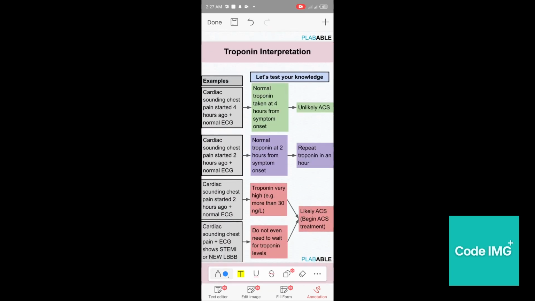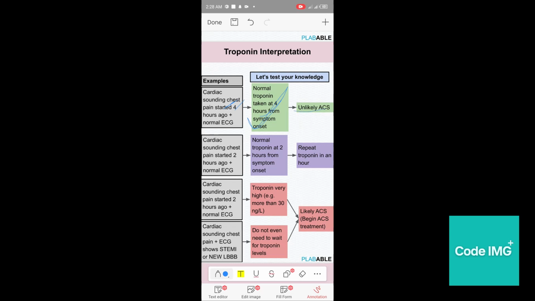Now, it's a cardiac pain that started 4 hours ago and normal troponin. What are you going to do? If the ECG is normal, fine. If the ECG is having changes, you need to go for the trop. Again, the ECG is fine, it's having chest pain, but after 4 hours the ECG is fine and trop is negative, it's unlikely ACS.